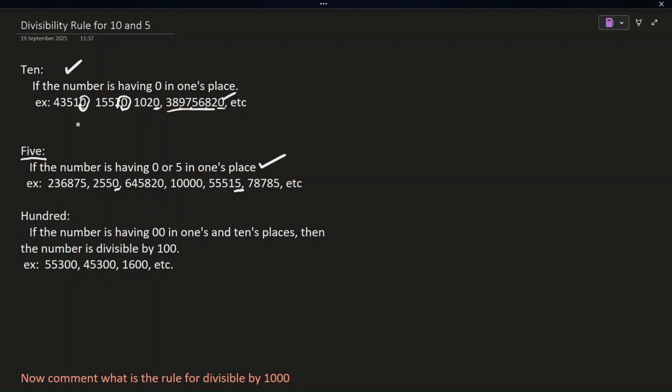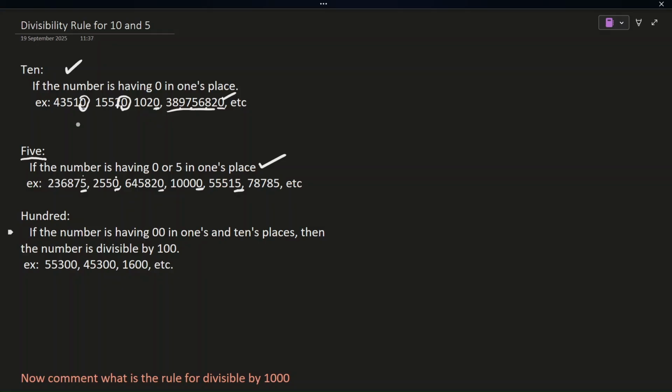See, in this number the last digit, that means the ones place, is 5, and here 0 is there. So these numbers are divisible by 5, and this number 10,000 is also divisible by 10 as well as 5. All numbers divisible by 10 are also divisible by 5.